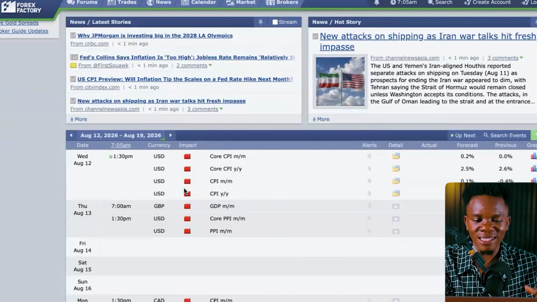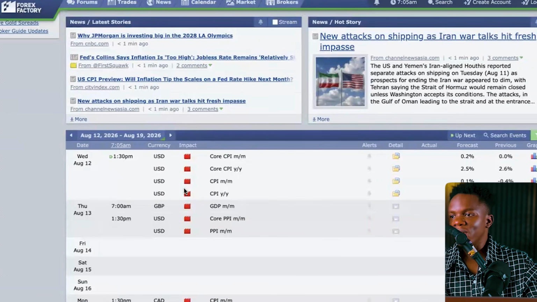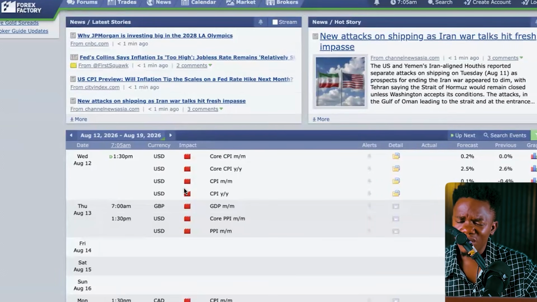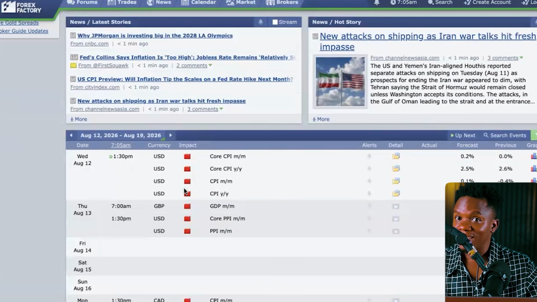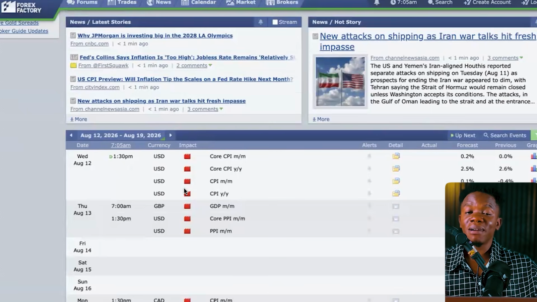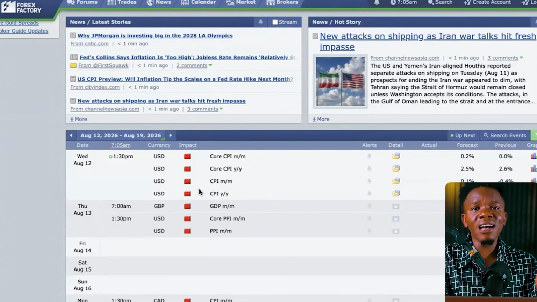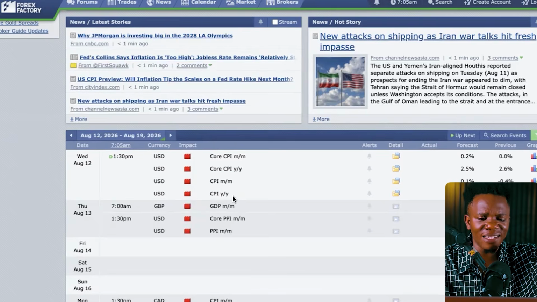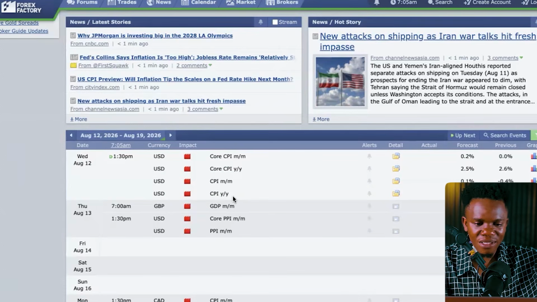Sometimes we call all of this gambling in trading. So they wait until it is a minute or 2 minutes or 5 minutes to the news, then they place the trade and wait for the market. Many of them don't even know what they are doing for that day. Sometimes it may work for them because the market moves in that direction, and they easily close the profit, get excited, and take a screenshot of whatever they have done.